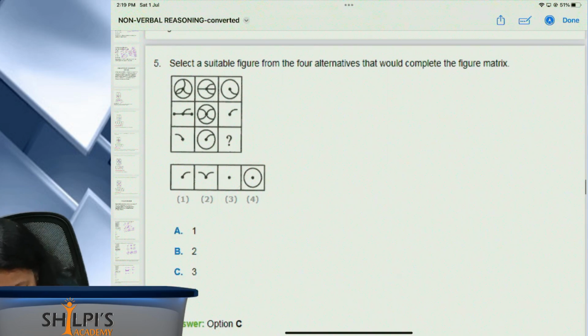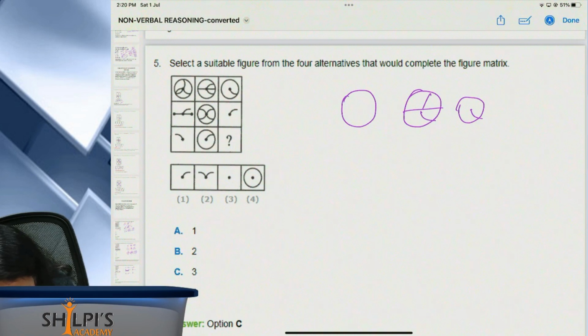Now goes the third one. So first figure, it is like you drew only 1. Second figure, you drew like a line and something like this, like this. Third figure has one figure like this, one figure like this, one figure like this, okay.